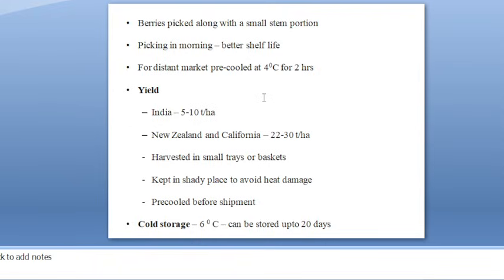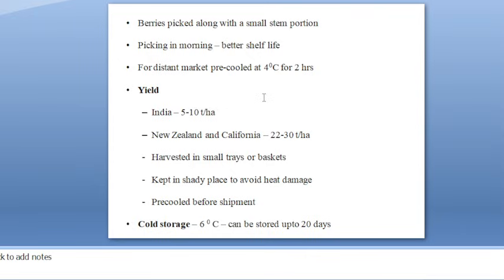And when we look into the yielding ability of strawberries in India, it will be less, like 5 to 10 tons only we can expect. But in different countries like New Zealand or California, we can expect up to 30 tons.